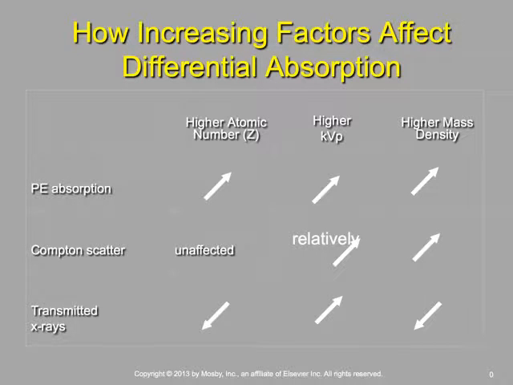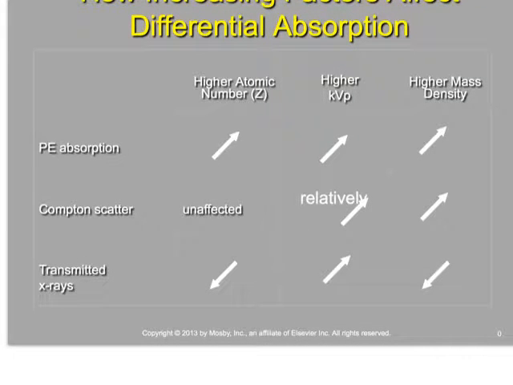Here it is in chart form. It's the same material, just represented now graphically. Maybe this is easier for some of us to understand. PE increases, and in this case it's not pulmonary embolism, it's photoelectric effect. It increases with high atomic number, right?